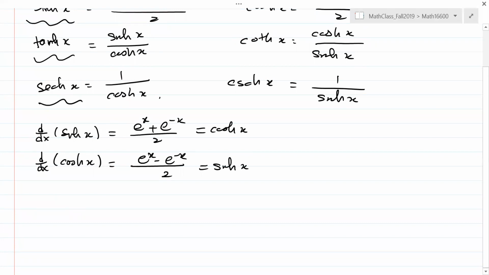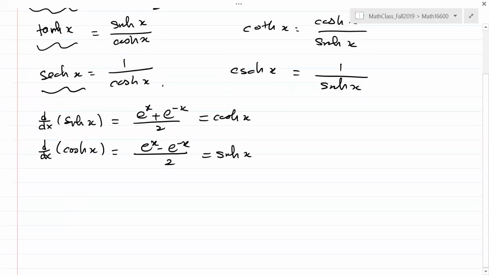It should be similar to the trigonometric function, maybe different by sign. My guess is that the derivative of hyperbolic tangent x should be equal to hyperbolic secant squared x, because we have a similar formula for the derivative of tangent x.